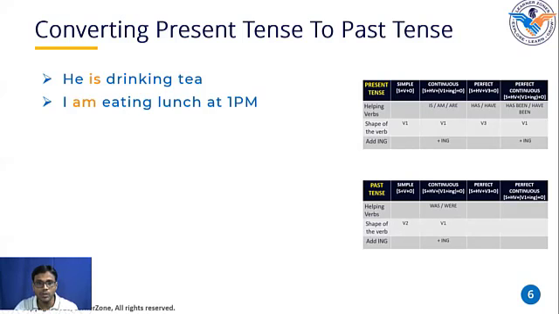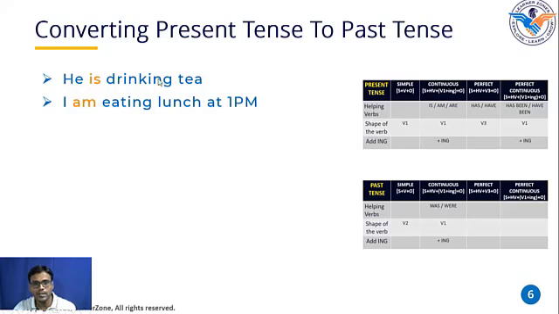We're not using V1 here. We have to use the second shape of the verb. We are not using any helping verb. Drink, drank, drunk. So he drank a tea. That's it. He drank a tea.